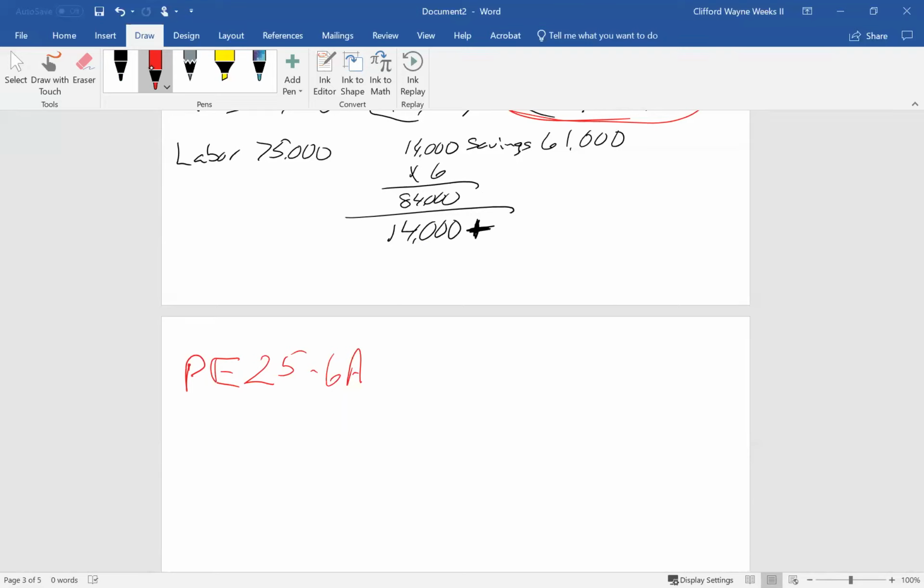In this problem, it says product AA is normally sold for $120 per unit. A special price of $112 is being offered for the export market. So we're selling something normally for $120, and someone is coming to us saying, we'd like to buy this for $112.